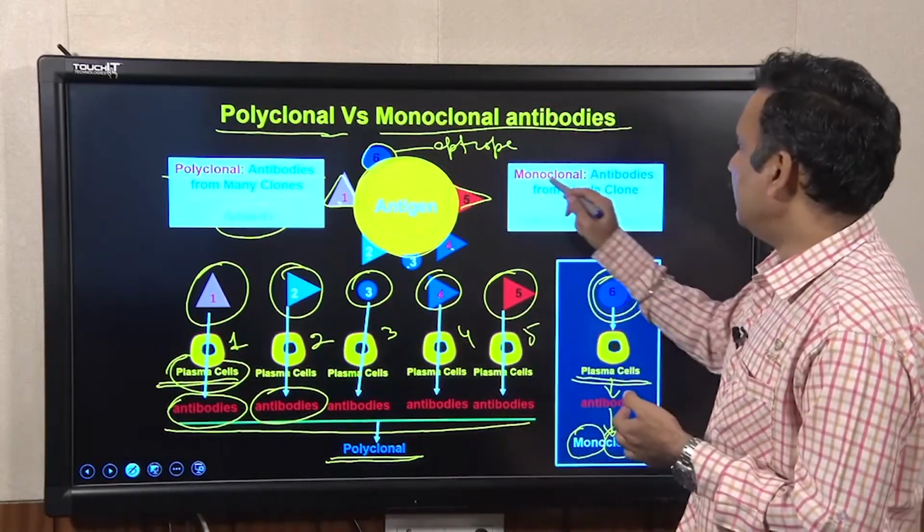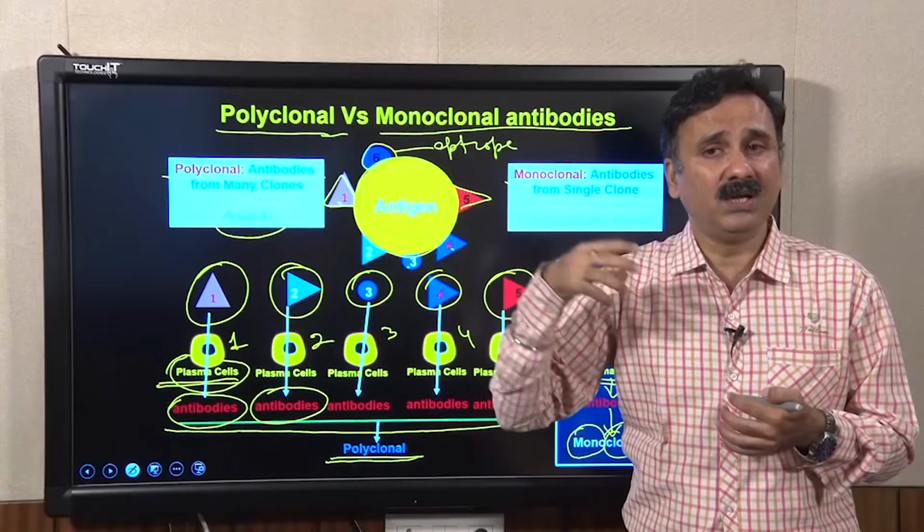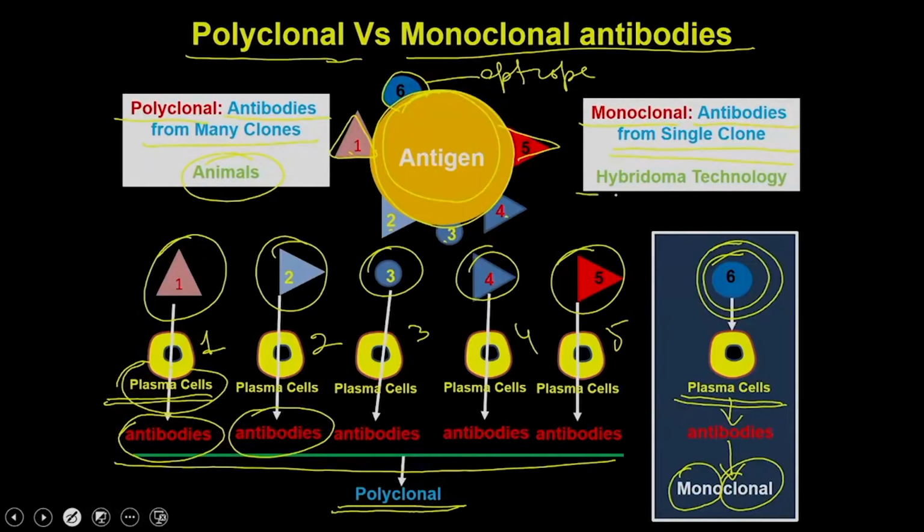Compared to that, the monoclonal antibody means the antibodies from a single clone. You cannot do that naturally, because there is no way to ask the body to select only a single clone and start producing the antibodies. It is done by an in vitro technique called hybridoma technology.